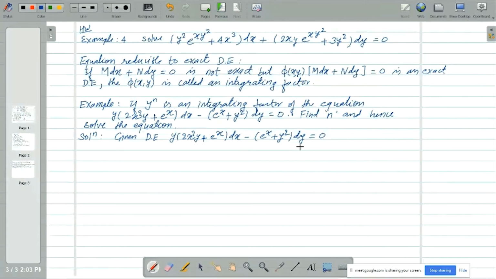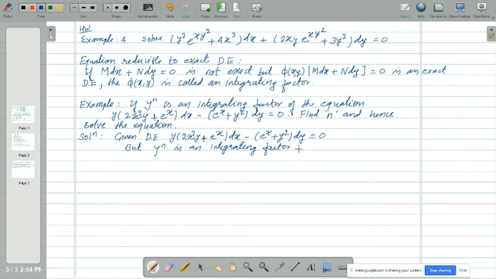But we are given that y raised to n is an integrating factor. So if we multiply y raised to n in this expression, then the given differential equation becomes exact.